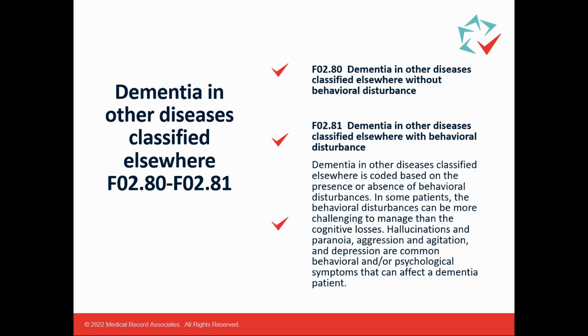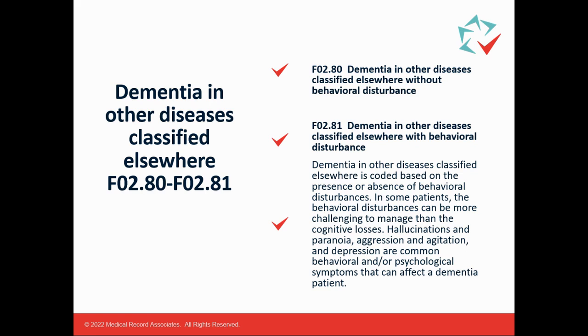And behavioral disturbance is considered patients who have hallucinations, paranoia, aggression, agitation, and it will have to be documented by the provider. Just because you see that a patient may be acting strangely, you cannot just assume that's considered behavioral disturbance. The physician needs to specifically document some manifestations of it.